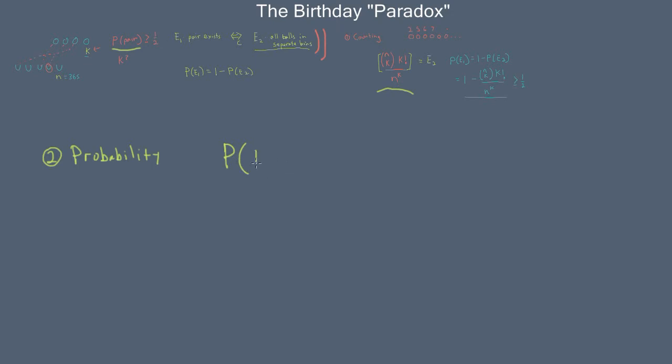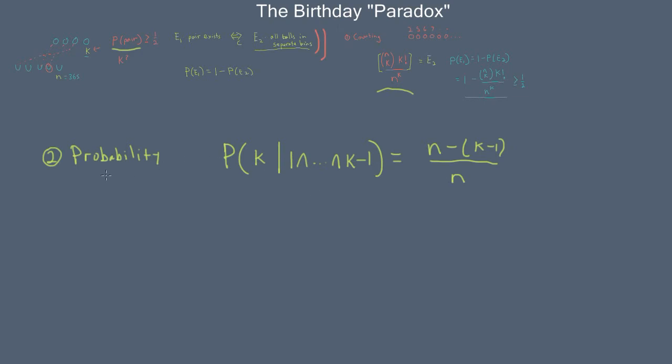The probability that the kth ball winds up in an empty bin, given all prior balls have ended up in empty bins, is (n minus (k minus 1)) over n. Right, so there's n bins. These k minus 1 balls are all separate, meaning there remain only n minus (k minus 1) empty bins. So the probability that the kth ball ends up in an empty bin is given by this expression.